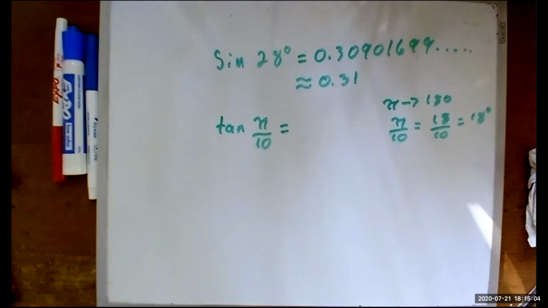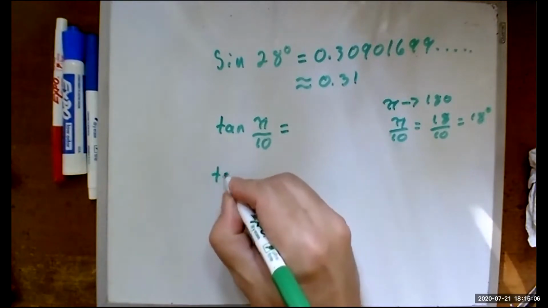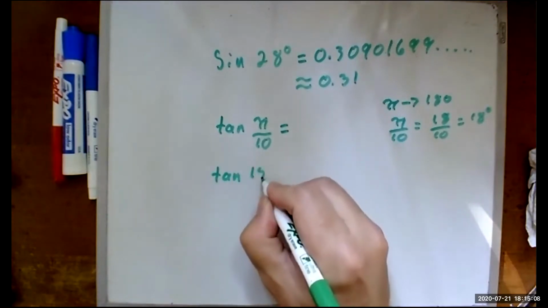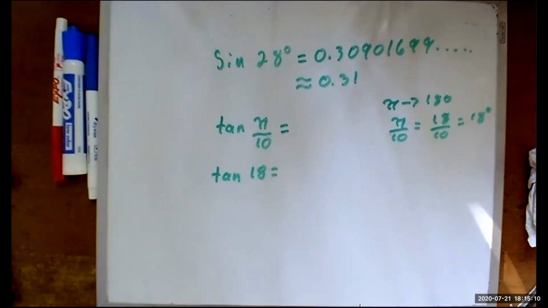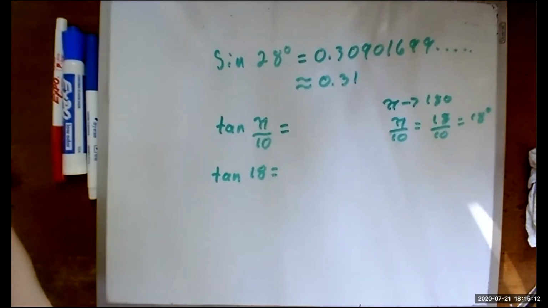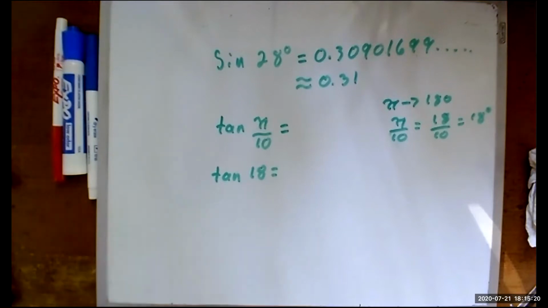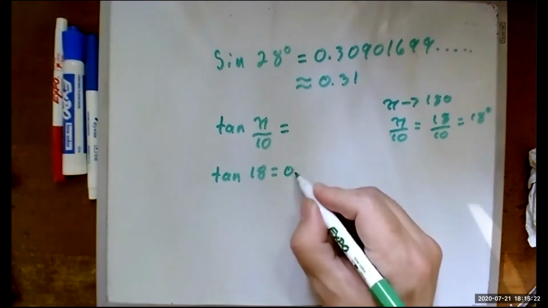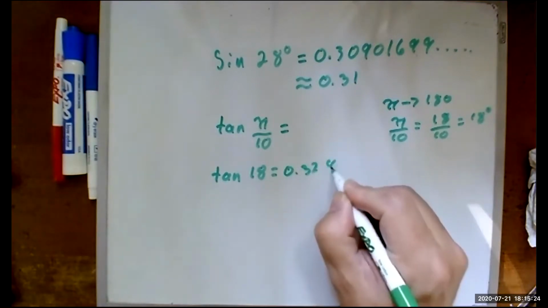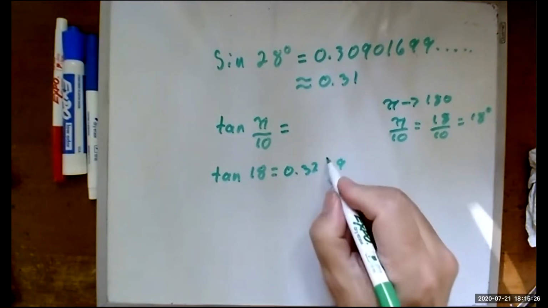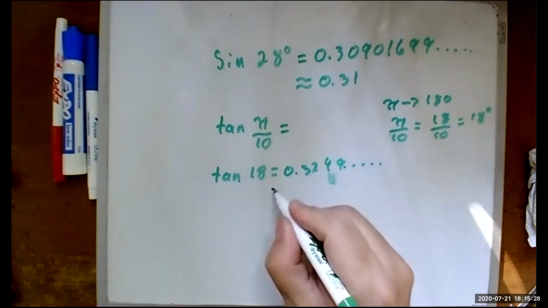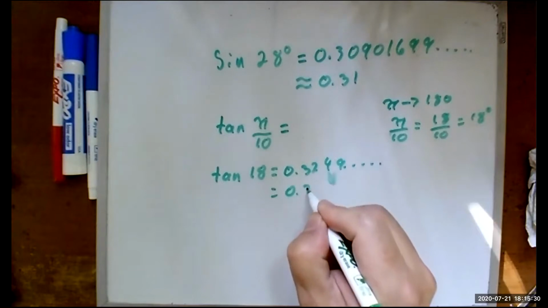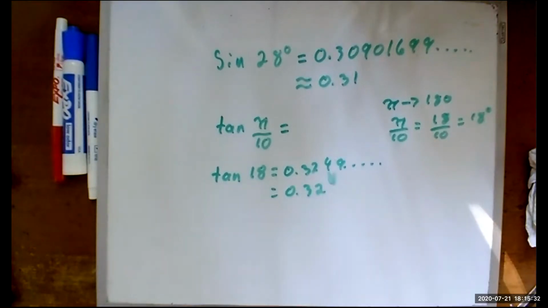Then you can put that into your calculator, and you should end up with 0.3249 on and on, which for our purposes means 0.32.